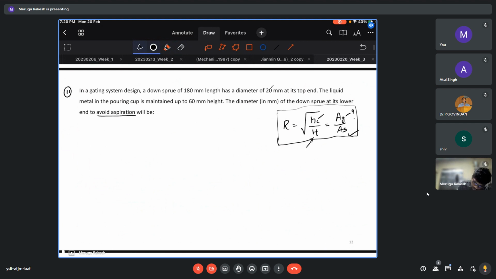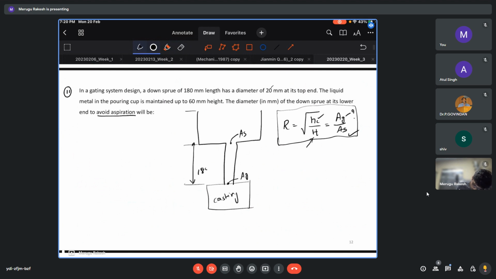Let me draw the diagram, then we will understand. Here we have given this as 180 and this is 60.